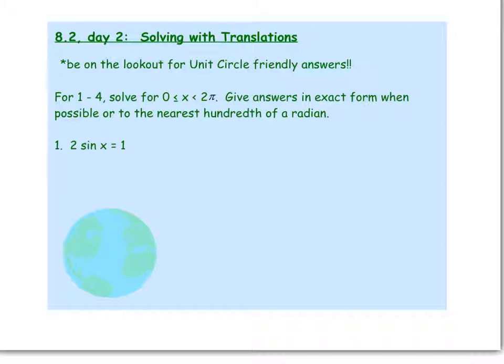2 sine of x equals 1. This whole time we're going to be working in radians. We talked in the first day of 8-2 that the coefficient in front of x changes the period length of the graph, how quickly it repeats. Here it's 1.